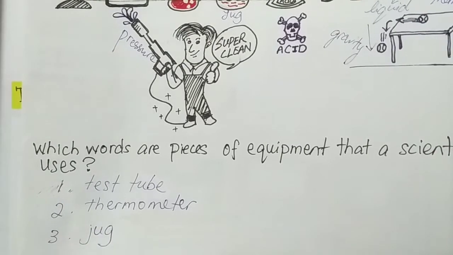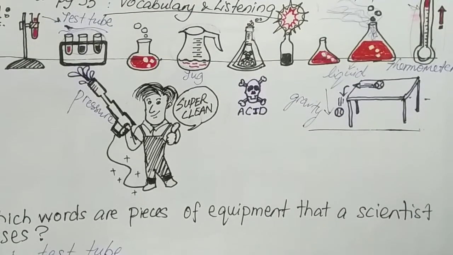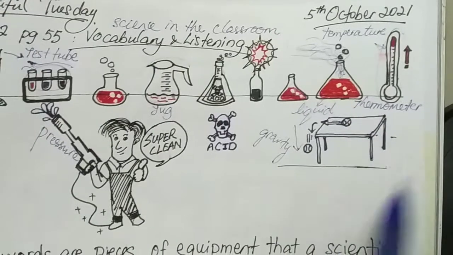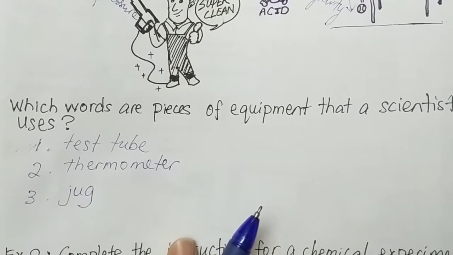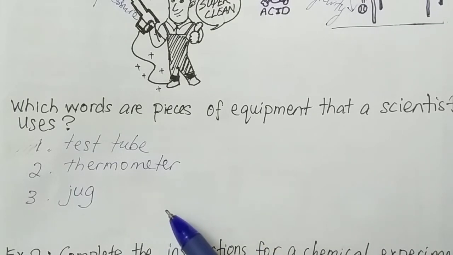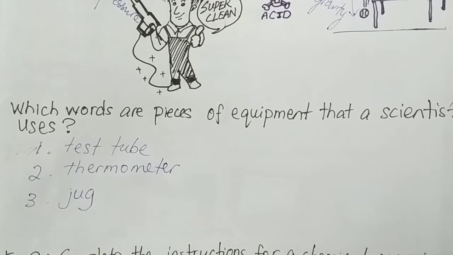It has to be words that you can find in the box. Because this is a beaker, but because they didn't mention it in the box, we don't write it down. So here are the 3 pieces of equipment stated in the box. Alright, so there it goes for exercise 1.